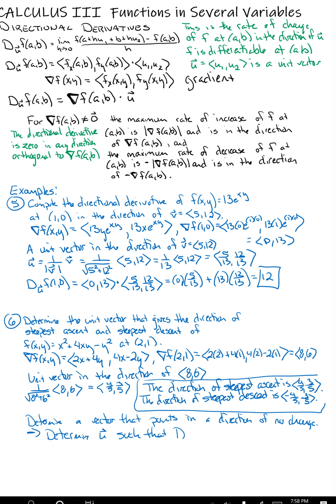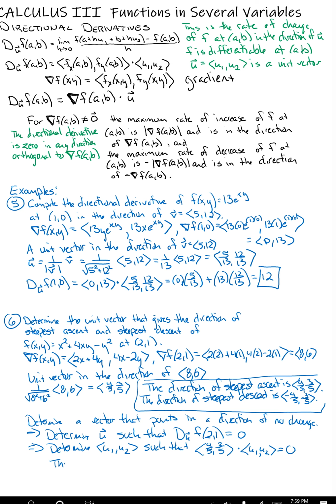such that the directional derivative at this point 2, 1 is equal to 0, which means we need to determine this u1 and u2 such that our directional derivative, which of course is going to be this unit vector, this vector 4/5, 3/5, dotted with this u1, u2, is equal to 0.